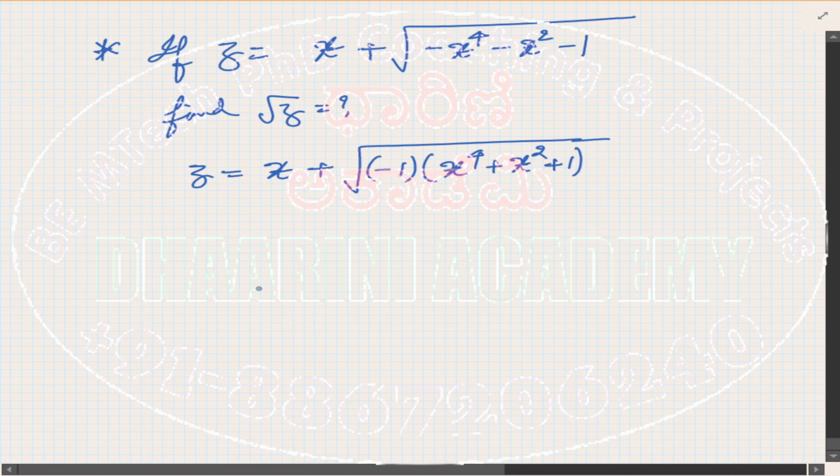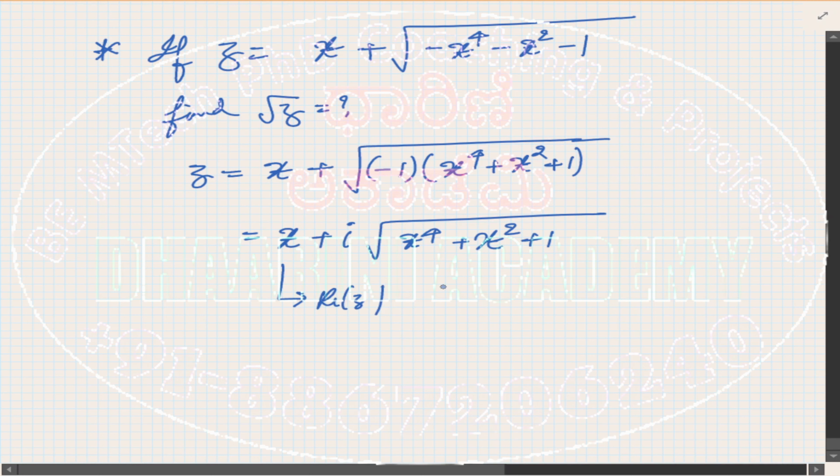Root of minus 1 is i. So this is equal to now x plus i times root of x to the 4 plus x square plus 1. Correct? So you see, this is your real of z, and this part is imaginary of z.